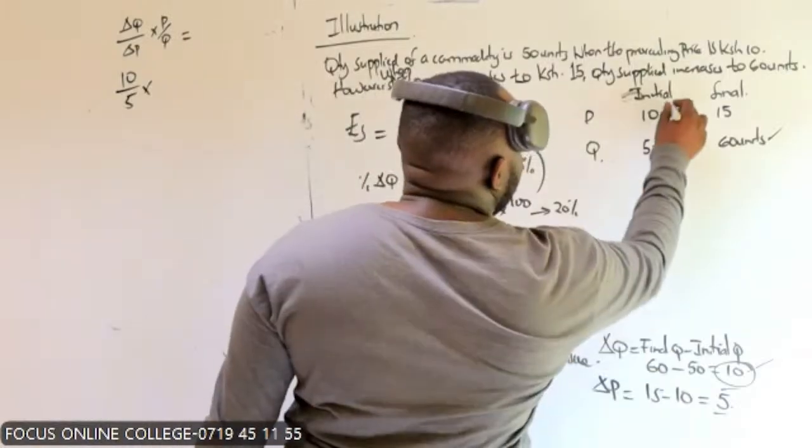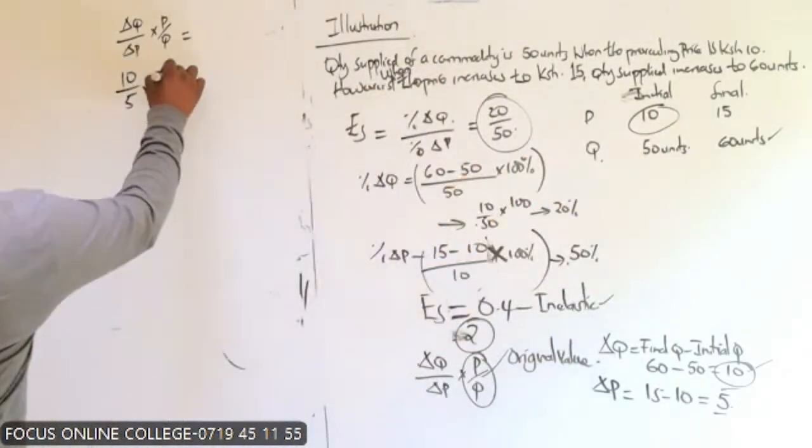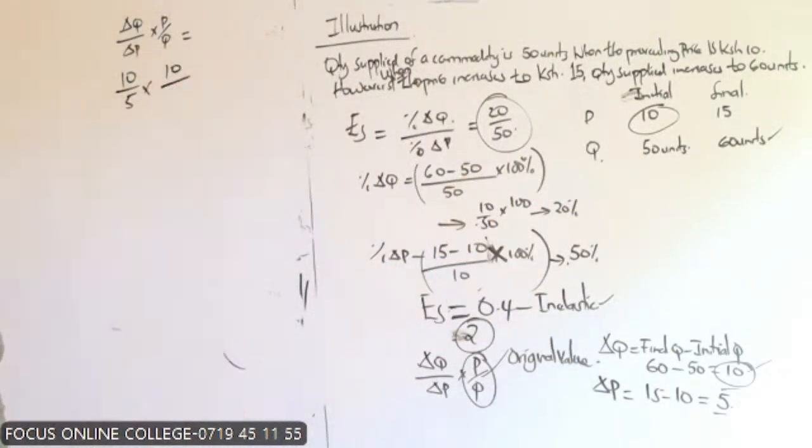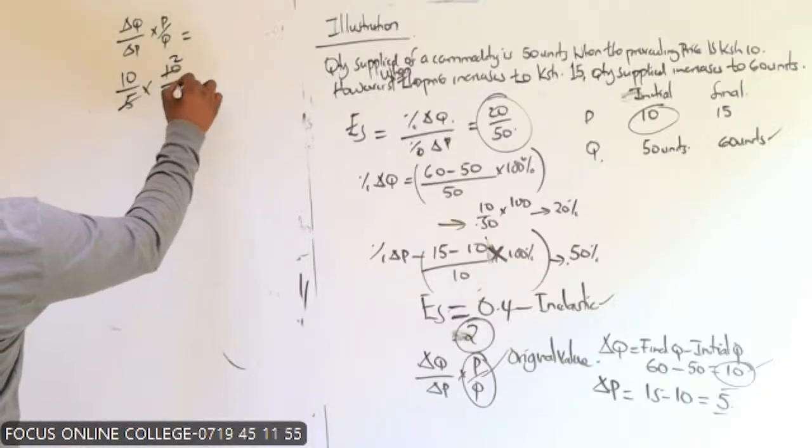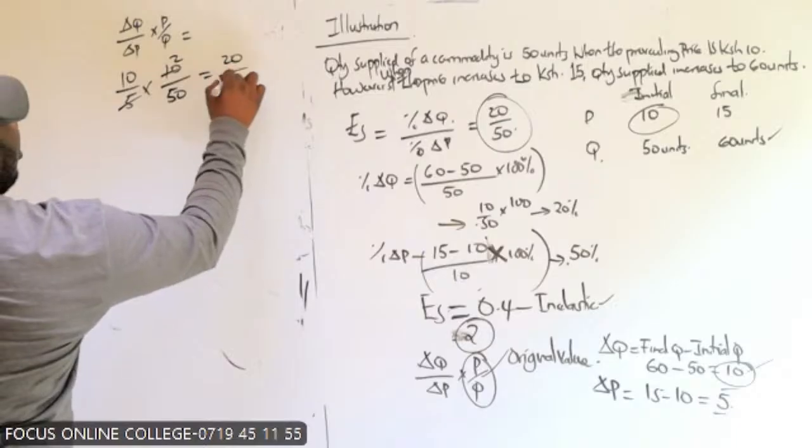The initial P is 10, over initial Q, which is 15. So that should be 20 over 15.